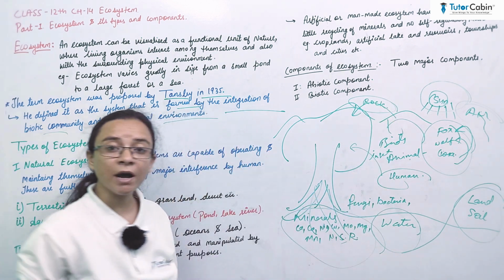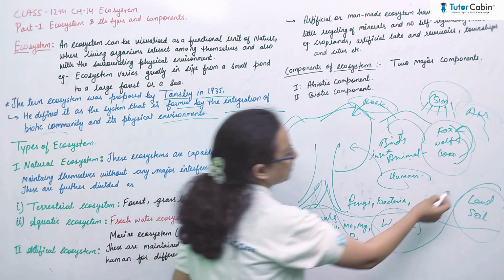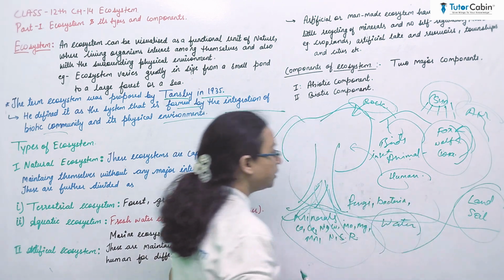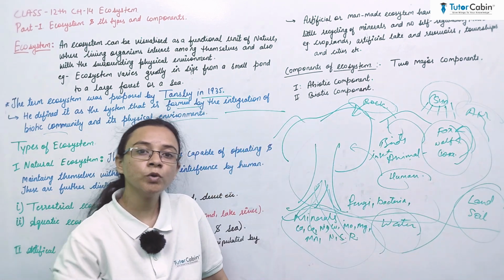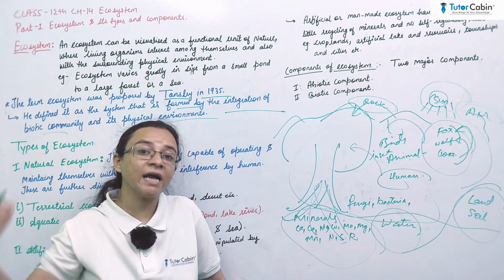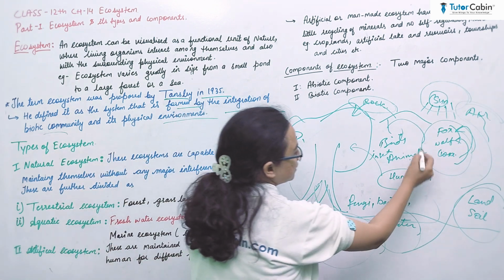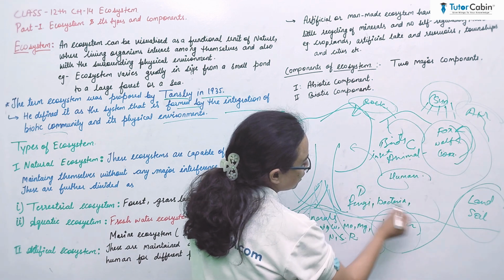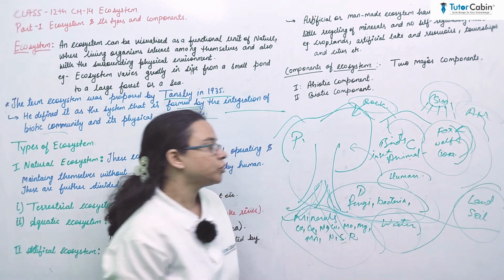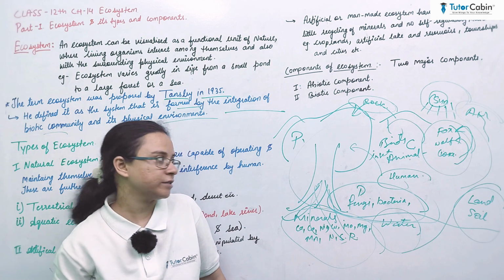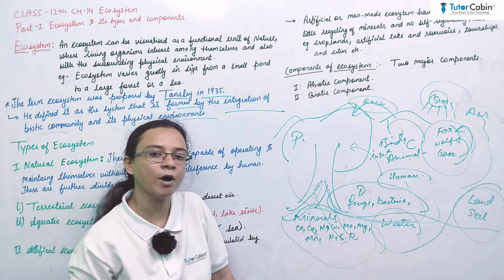These are the abiotic factors and these are the biotic factors. Biotic factors include producer, consumer and decomposer. This is a producer, this is a consumer and this is a decomposer. So these form the biotic factor and the remaining form the abiotic factor.